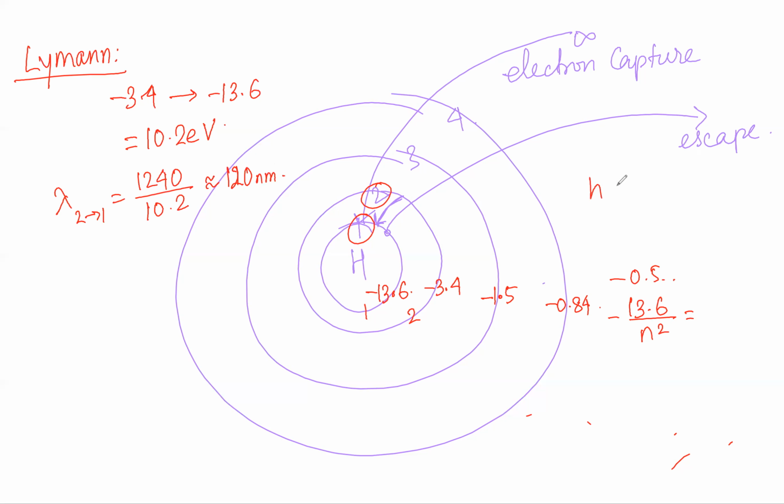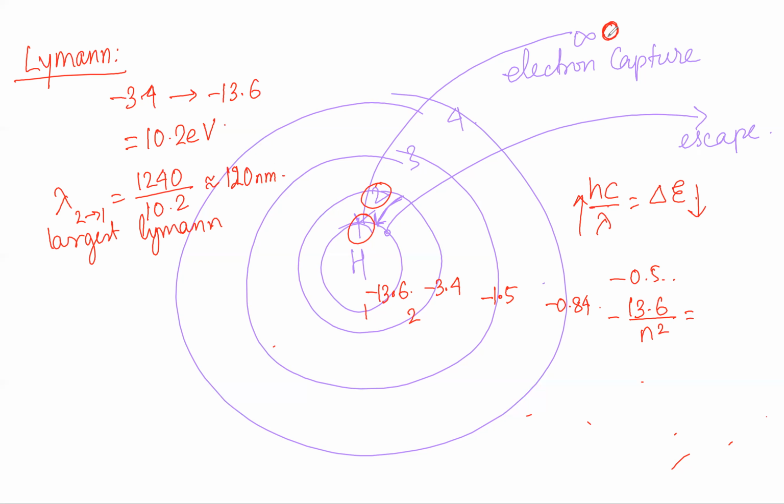Keep in mind that each jump is a particular amount of energy. So the smaller the amount of energy, the greater the wavelength. So this is the largest Lyman wavelength you can have. Okay? Because it is the smallest jump. What is the largest jump? You can come from infinity, which has an energy of 0.